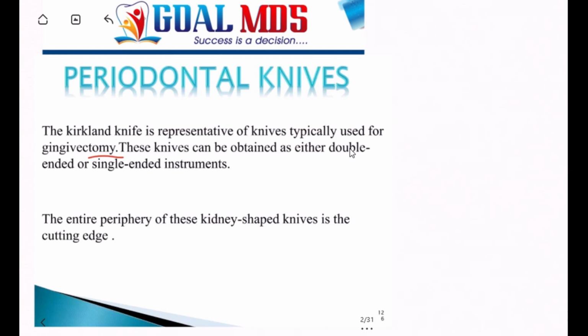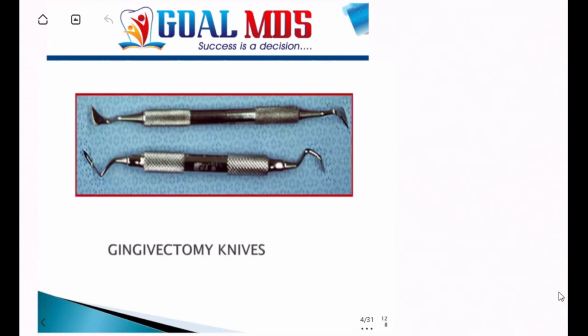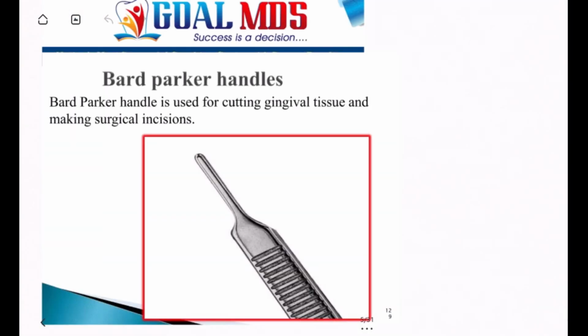This knife can be obtained as either double-ended or single-ended instruments. The interdental knives, Orban's knife or Merrifield knife, are used for the interdental areas in gingivectomy cases. So these are the gingivectomy knives, Kirkland and Orban knife.